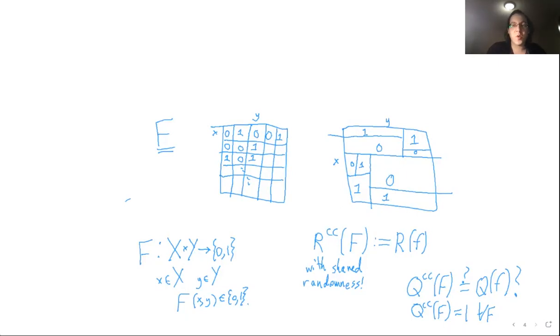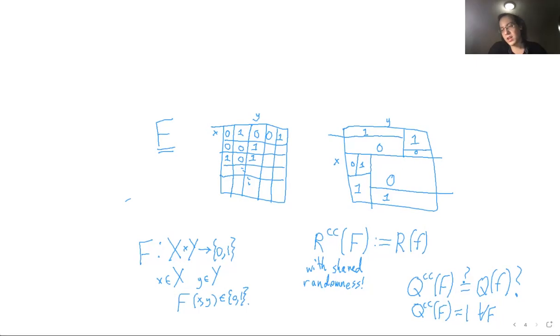Recall that if you could query in superposition a long string that contains all the parities of subsets of a string x, then Bernstein-Vazirani lets you extract all of x with a single query. Maybe it's at most 2, depending on exactly how we set things up. Let's just argue that it's at most 2 here.